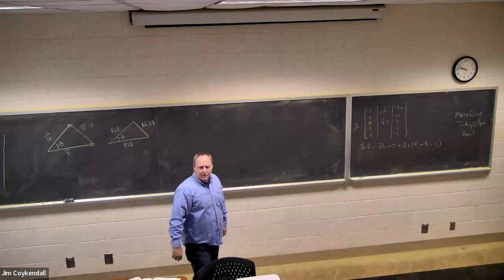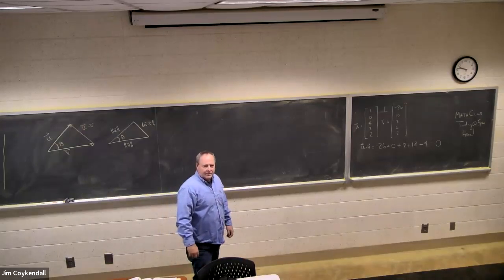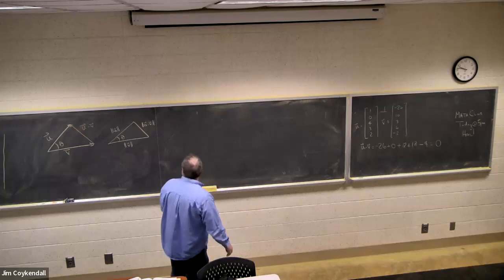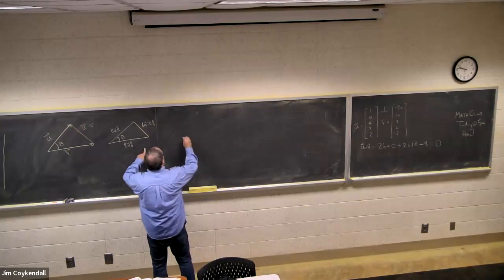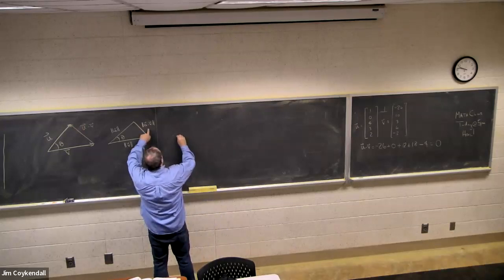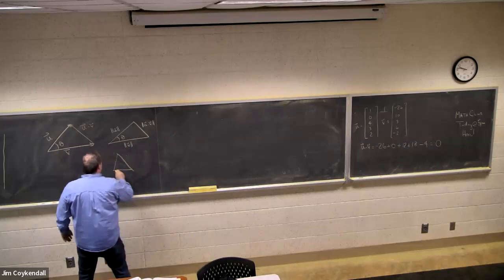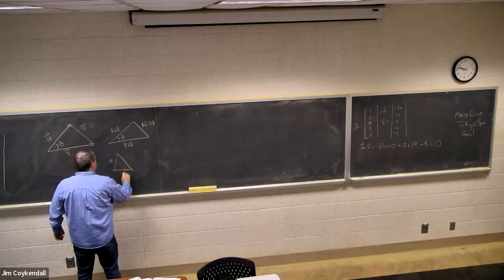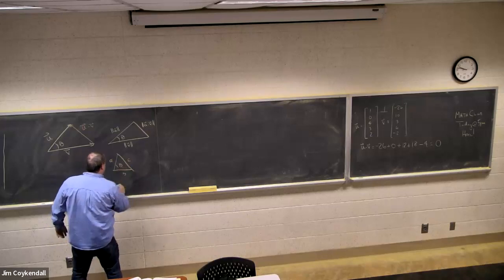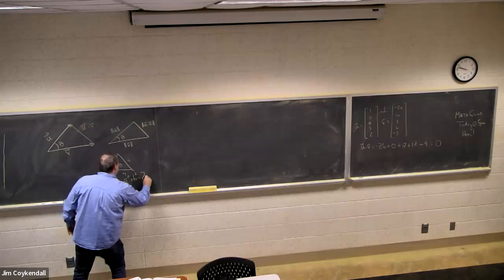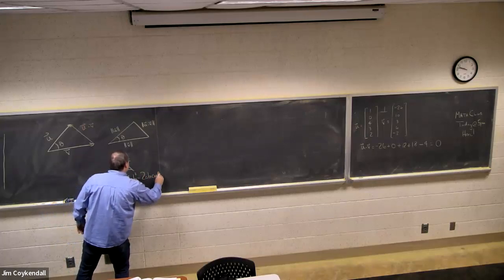Does anybody remember the law of cosines? Well, does anybody know that there is this thing called the law of cosines? People make YouTube videos about it and so forth. Well, so here's what the law of cosines says. I'll draw it here. The law of cosines is c squared is a squared plus b squared minus 2ab cosine of the angle between them.